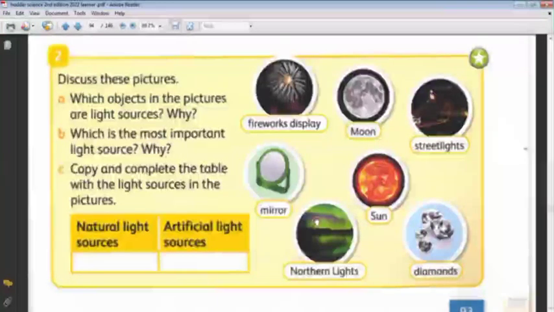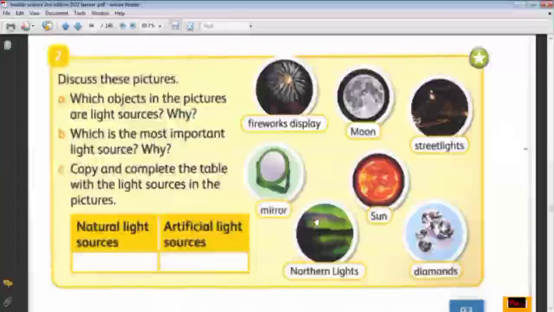What else is a light source? Northern lights, yes. What else? The street light and the fireworks. All these are light sources because they emit their own light.